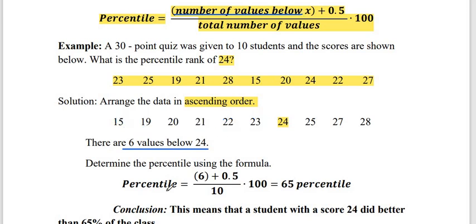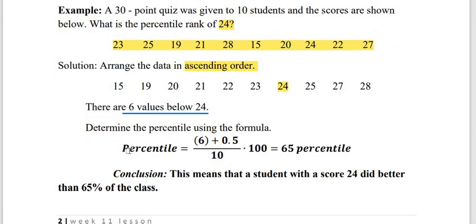Then, using the formula, percentile is equal to 6 plus 0.5 divided by 10, because that is the number of data values, yung bilang nila, times 100. That is equal to 65 percentile. Now, what can be the conclusion?